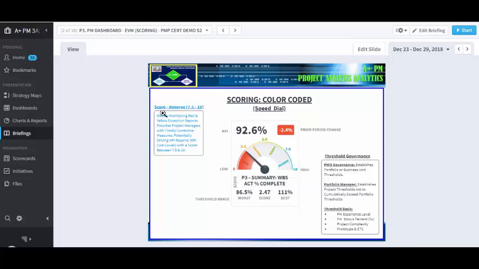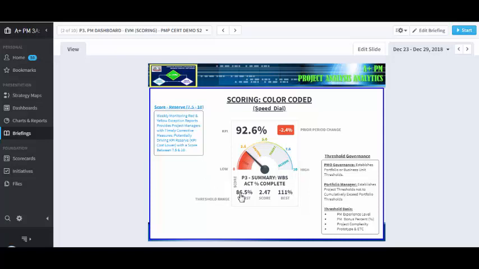And then we're saying here, weekly monitoring of the red and yellow exception reports provides project managers with timely corrective measures, potentially driving KPI reserve with a score between 7.5 and 10. So basically the whole premise here is to manage your team properly.